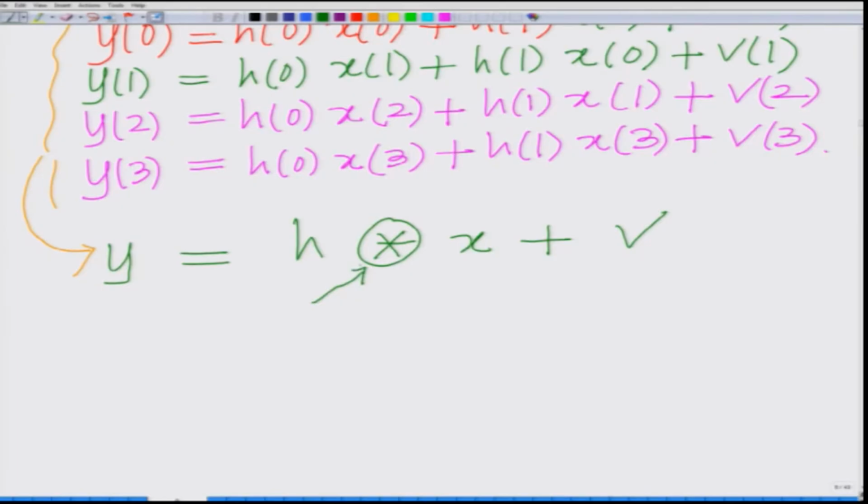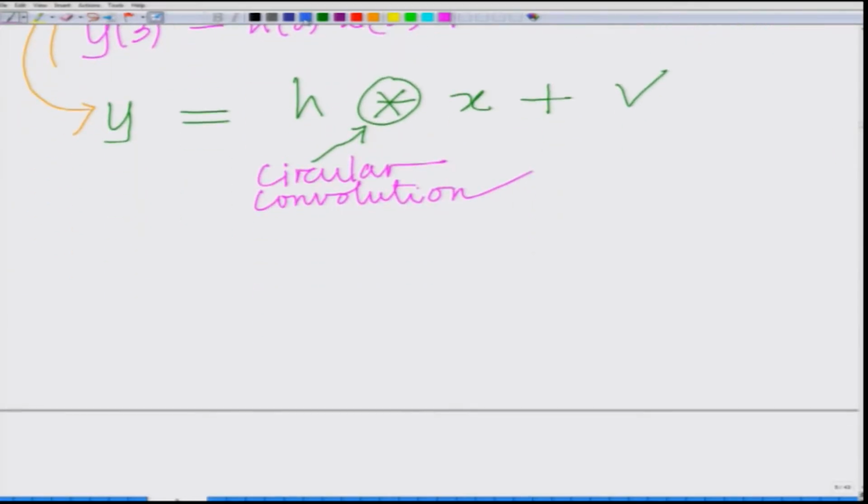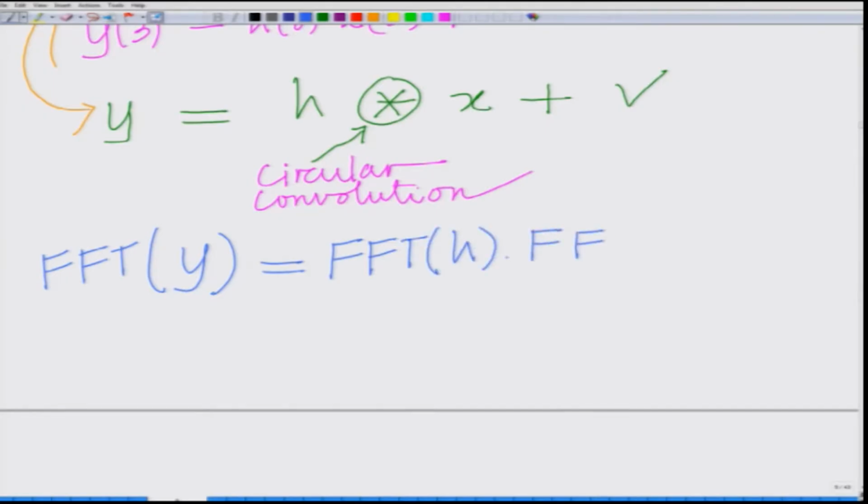So, this is your circular convolution, and as a result, if you take the FFT, we know that circular convolution in the time domain becomes multiplication in the frequency domain. Therefore, that is the FFT of H times the FFT of X plus the FFT of V, which is your noise.